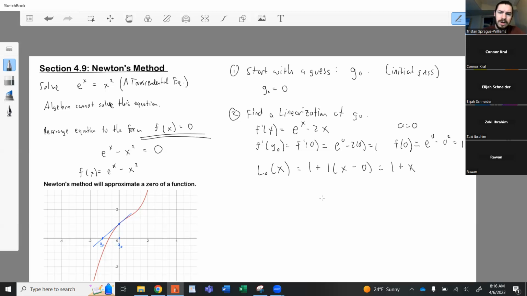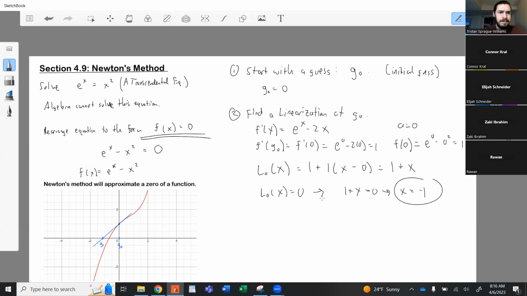So then we would figure out, where does this equal 0? 1 plus x equals 0. x equals -1. And that is our next guess.